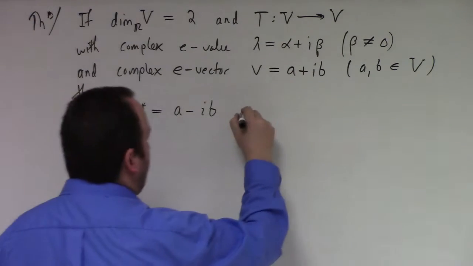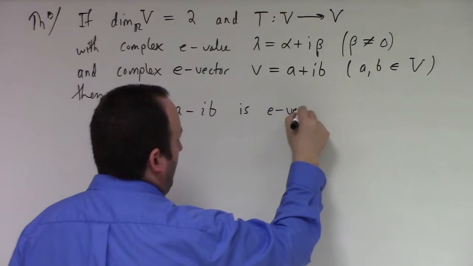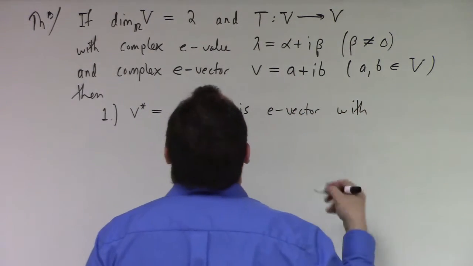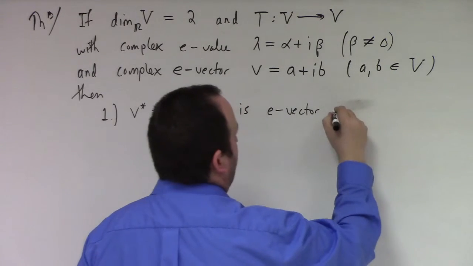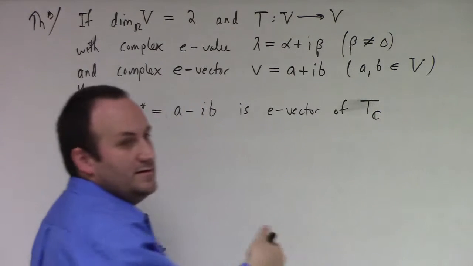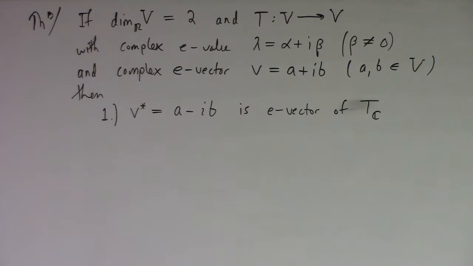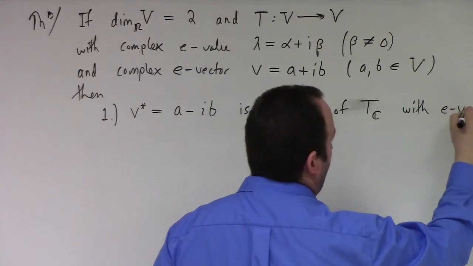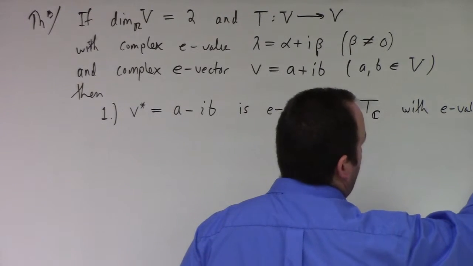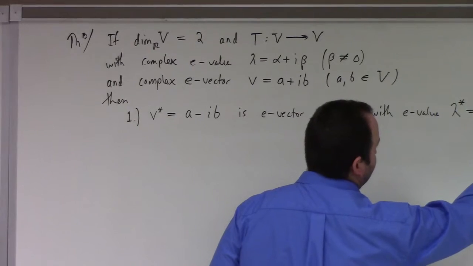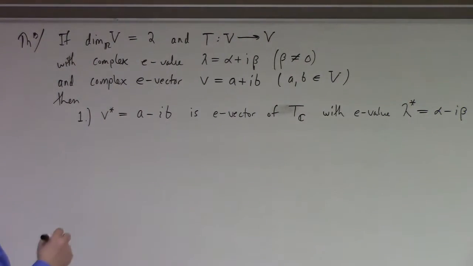This is an eigenvector of T_C, and hence it's a complex eigenvector of the original transformation with what eigenvalue? It's the conjugate, lambda star, which is alpha minus i beta. That's point number one.